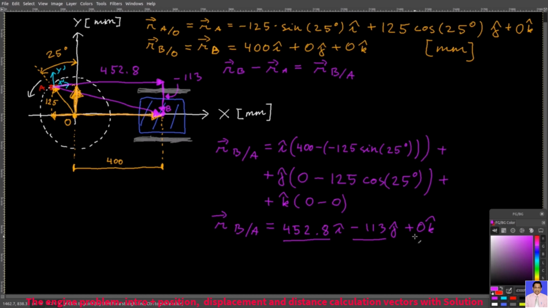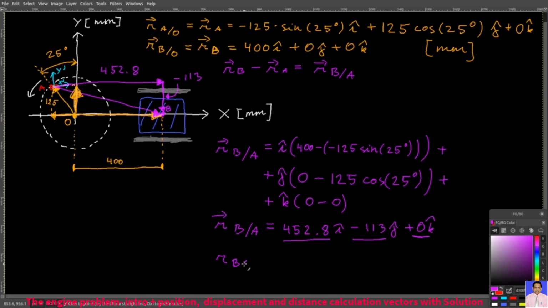At the moment we don't have to worry about our third dimension. But again, if you had a three-dimensional problem, then instead of these zeros, you would have other numbers. That's why I'm including this third dimension in order to give you a structure for a general three-dimensional problem.